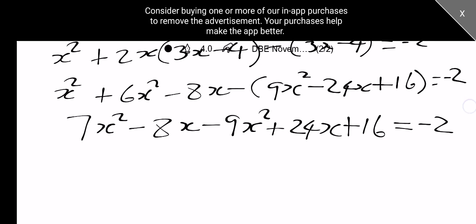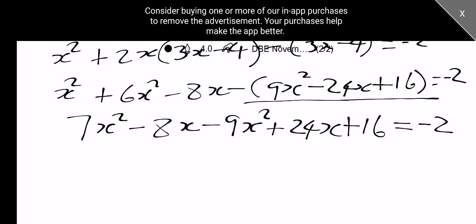If you can notice, I was removing the bracket here, because you've got to be careful. In front of the bracket there's a minus sign, so it automatically affects the signs of whatever is inside the bracket.